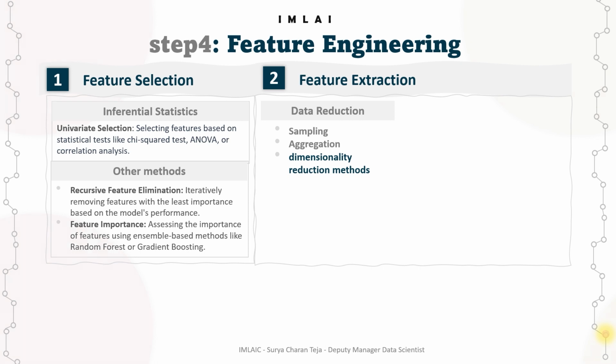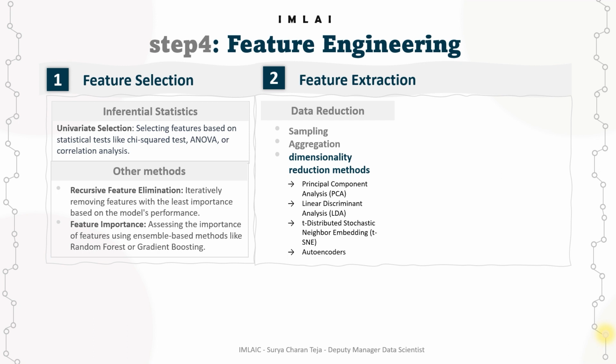Basically, that's what dimensionality reduction methods are. Examples: principal component analysis, PCA, linear discriminant analysis, LDA, t-distributed stochastic neighbor embedding, that's t-SNE, and autoencoders.